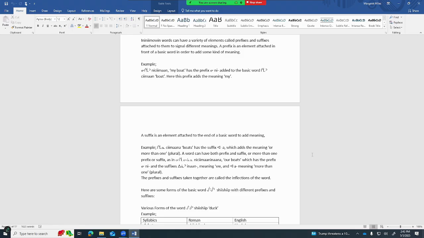So a word can have both prefix and suffix, or more than one prefix or suffix, as in nijimaninan, our boats. The ni is added in the front, and inan at the end, meaning we, and more than one, plural.